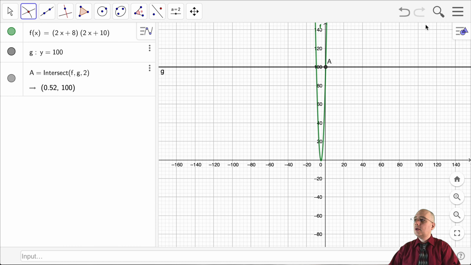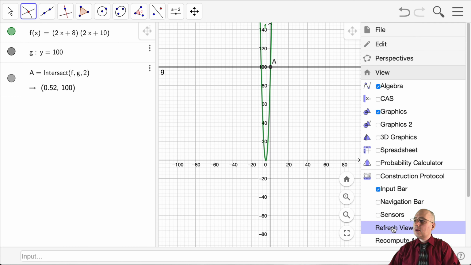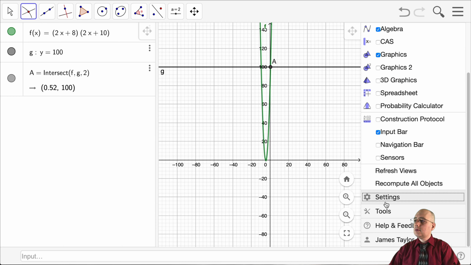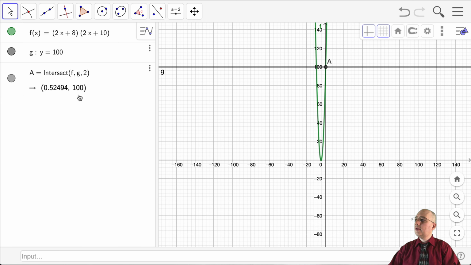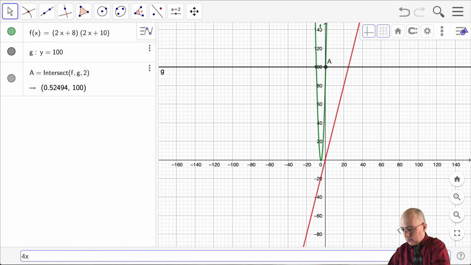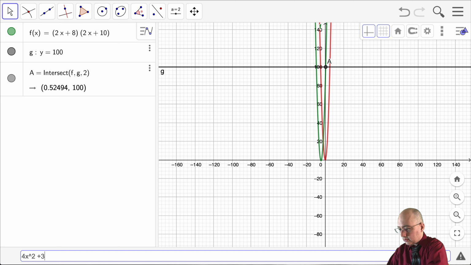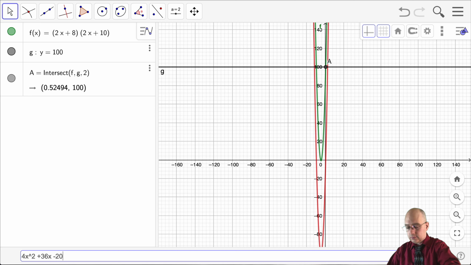0.52, and you can increase the rounding to 5 decimal places, or more if you like. And there we get our answer again. You can also plug in the quadratic that we plugged into the quadratic formula here.